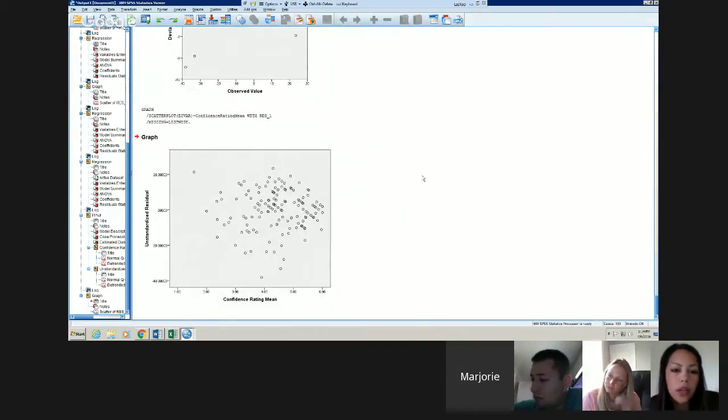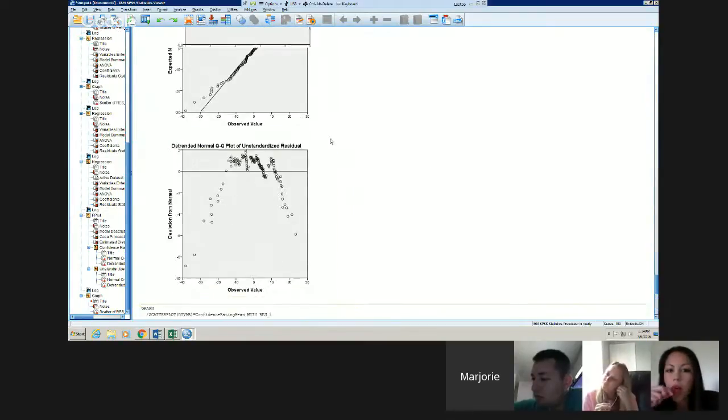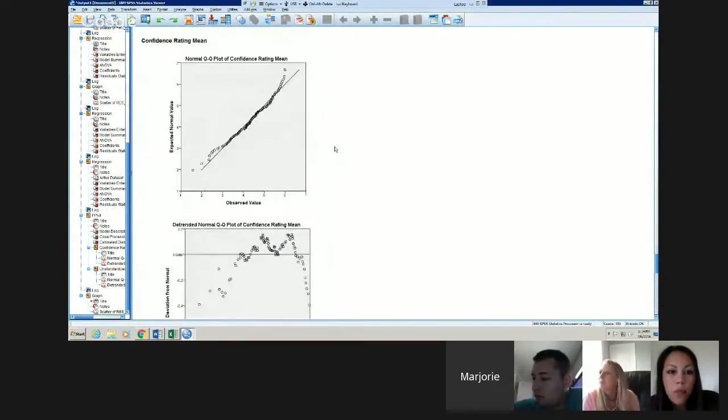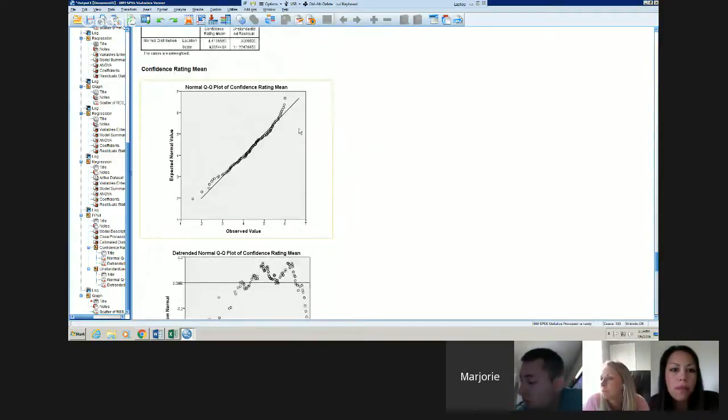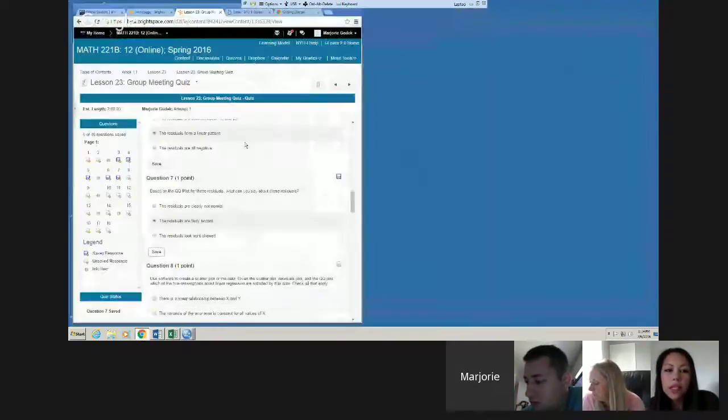That one's the one we want to look at, and your first QQ plot. Okay, so this one's all over the place. And then, let's see, this one. They're completely different.